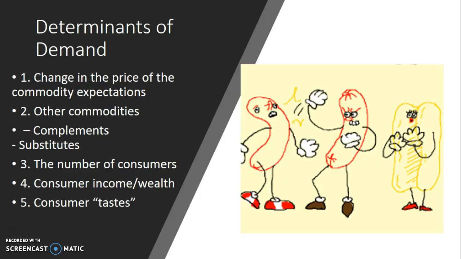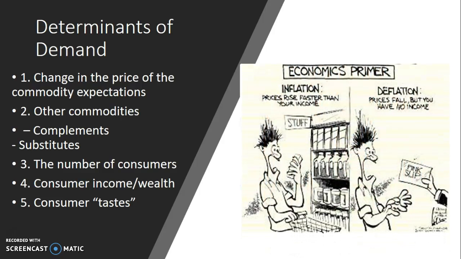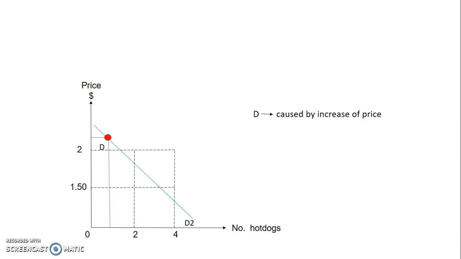Chicken hot dogs can be replaced by beef or tofu hot dogs. Third, the number of consumers. Fourth, consumer income. Fifth, and last, consumer taste. Let's look at the demand curve.